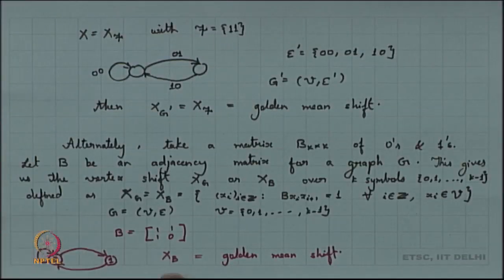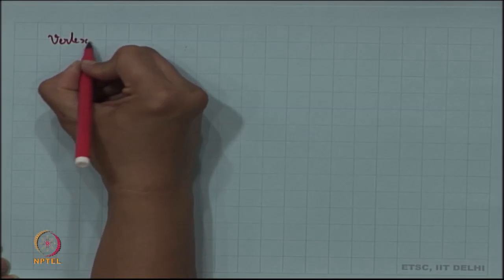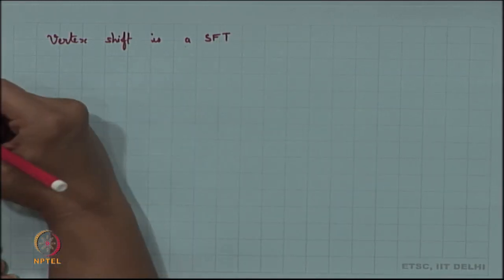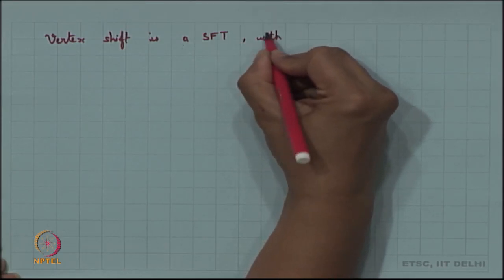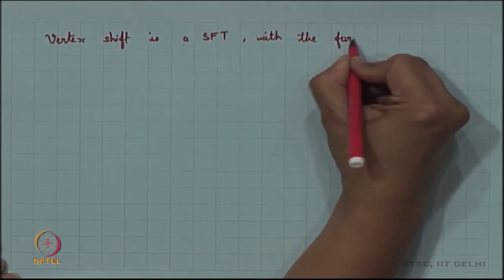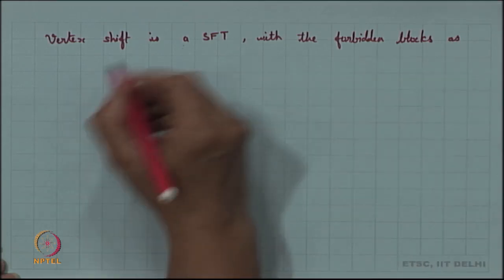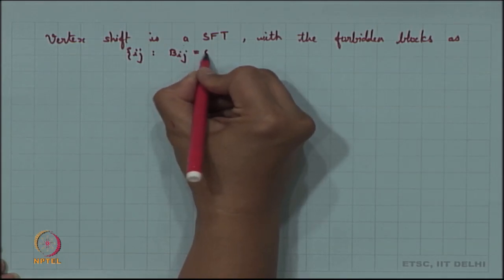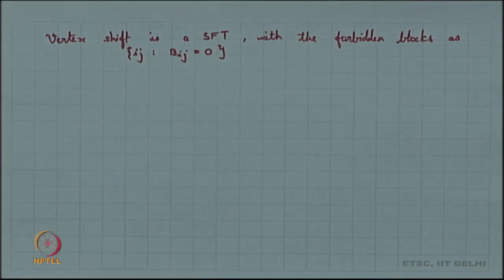Now, we see that this vertex shift is a subshift of finite type, where you are looking at the forbidden blocks, all ij such that B_ij is equal to 0. So, finitely many of them. This is always going to be a subshift of finite type.